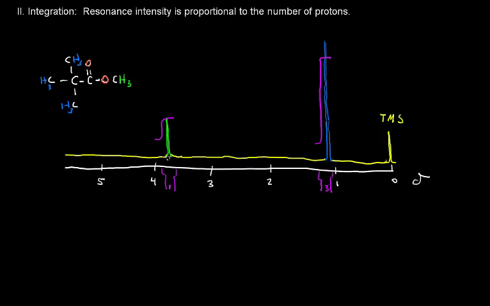And the ratios of those integrations are proportional to the intensity of these resonances. The ratio of those integrated areas gives you the relative ratios of the different types of hydrogens, of protons. And so we see the ratio here. We've got 9 of these protons and 3 of these.